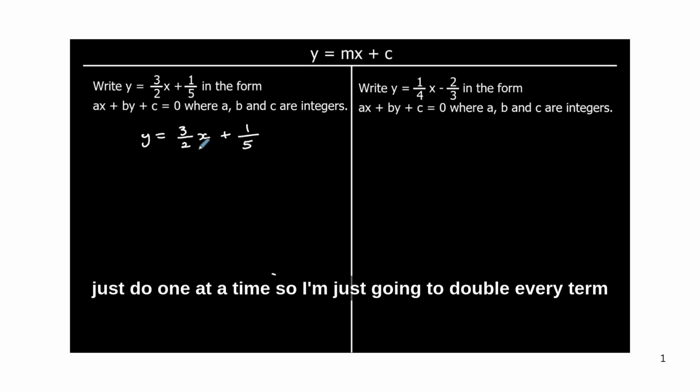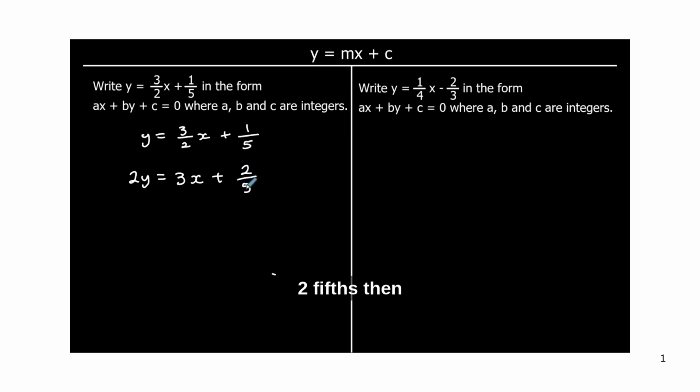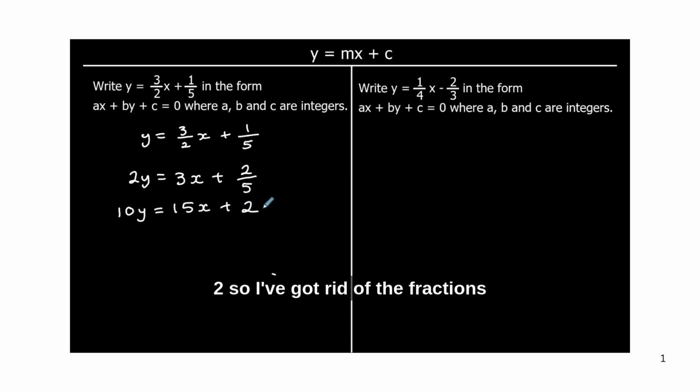So I'm just going to double every term first. So if I double every term, I'll get 2y is 3x plus 2/5. Then I'm going to multiply by 5. So I'll get 10y equals 15x plus 2. So I've got rid of the fractions.